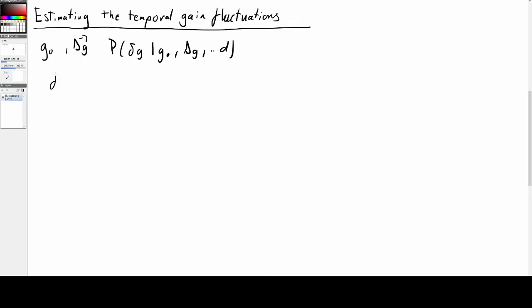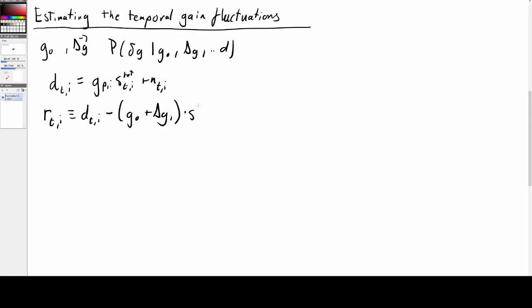So if we write down our data model again, and using the same trick of forming a residual that has only the temporal fluctuations, we define that as being the data minus the sum of the absolute calibration and the detector-specific calibration multiplied by the total signal.